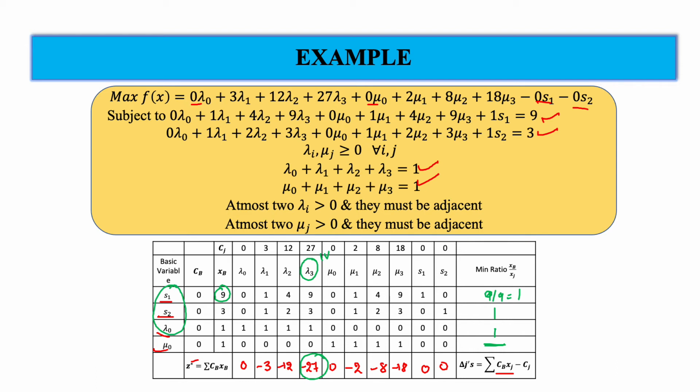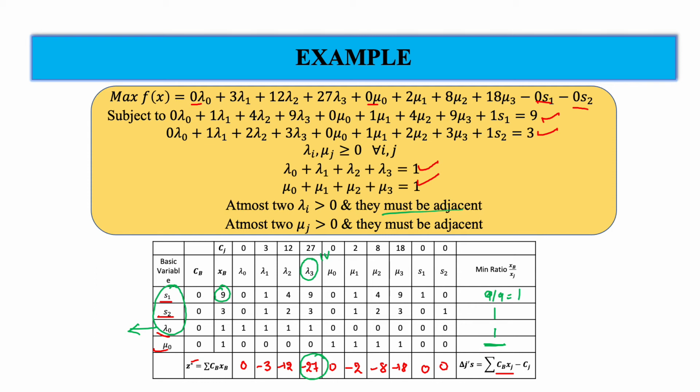We will choose lambda naught as the outgoing variable. Why? Because if lambda 3 is the incoming variable, then lambda naught should be the outgoing variable, since all the lambdas must be adjacent. If we remove any other one, then the lambdas are not adjacent, so we can't do that.